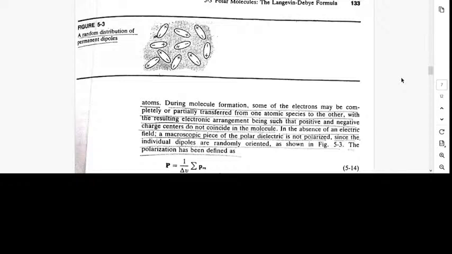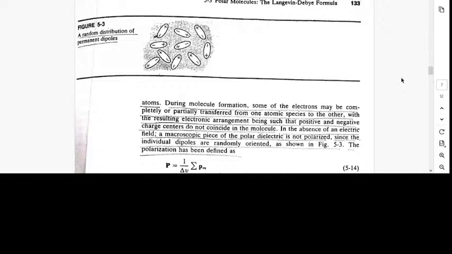It means that when a molecule is formed, then some of the electrons may be completely or partially transferred from one atomic species to the other. Means electrons can be transferred from one atomic place, means a cloud of charges, to another cloud of the charges. That cloud of the charges consists of the negative charge, means electrons.